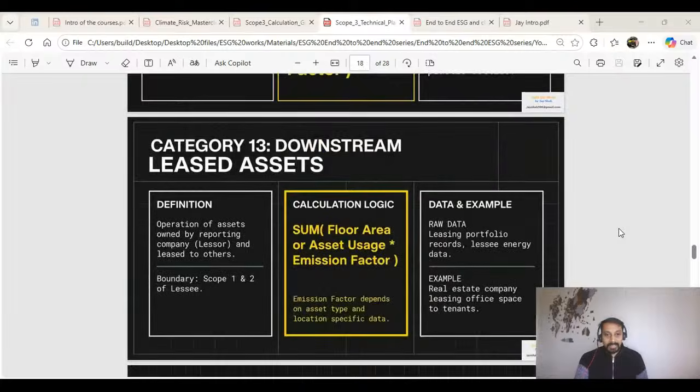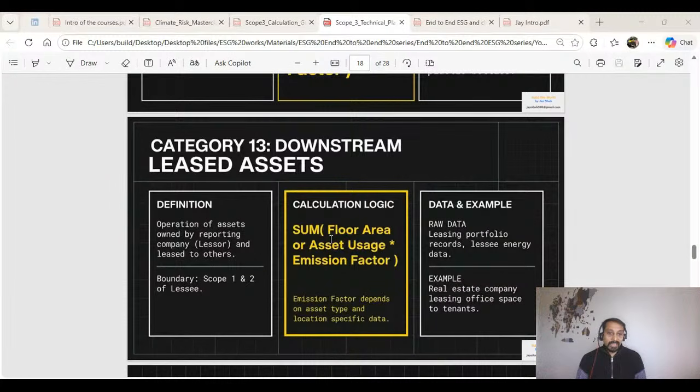Let's move into category 13, which is downstream leased assets. We saw the upstream assets, and these are the assets you own but others operate. So lots of asset managers or lots of financial services own the assets but they are operated by other people.